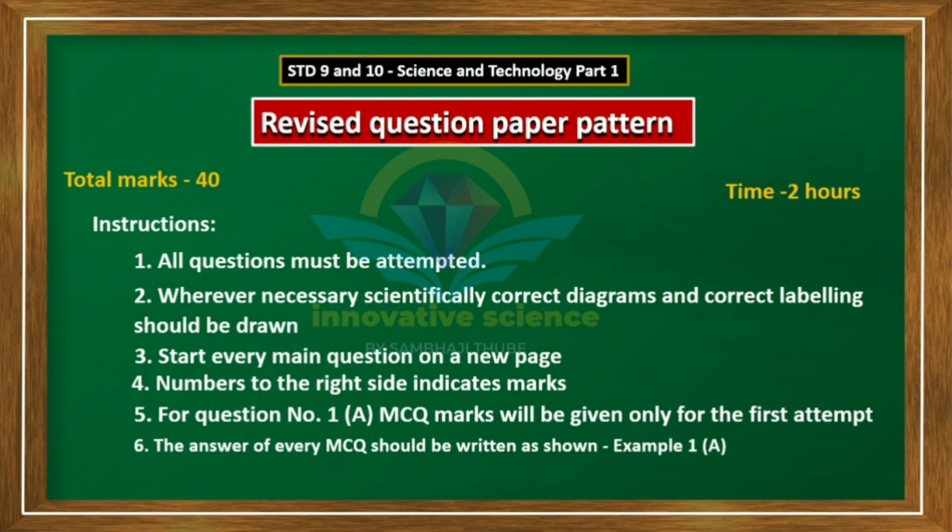That means if you want to write answer of question first, then you can simply write the option number of your answer like A, B, C or D. Students, there is no need to write full answer.